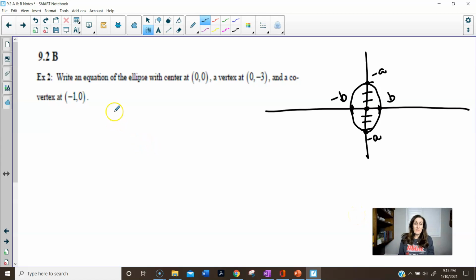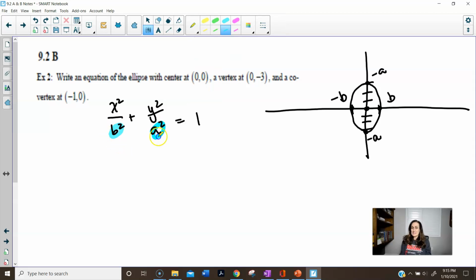Well, the equation of a football is going to be x squared over b squared plus y squared over a squared is equal to 1. So if we can just take this equation and fill in what b is and what a is, then I can write the equation. So what is a?